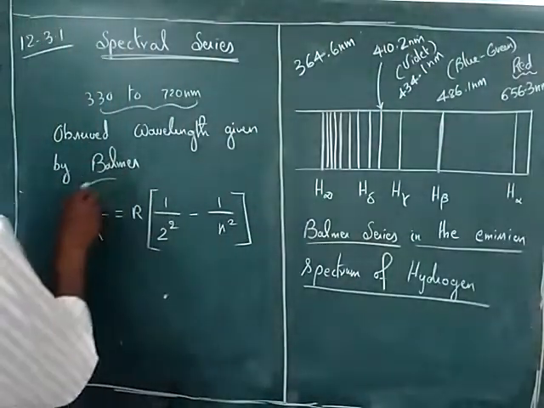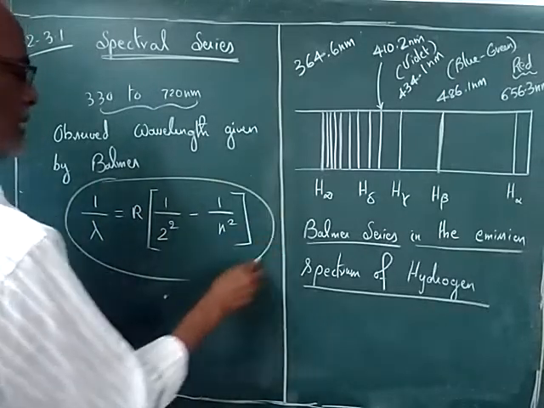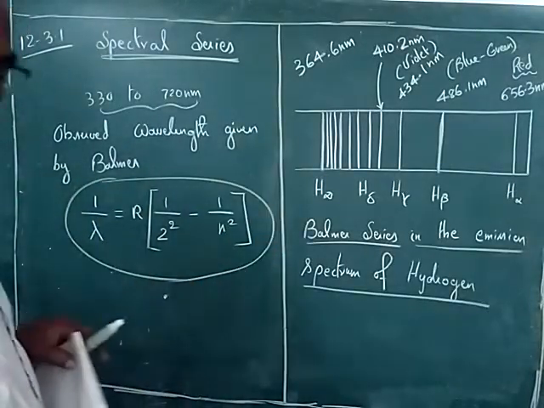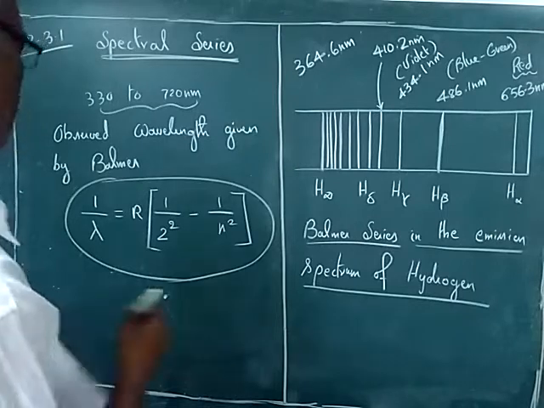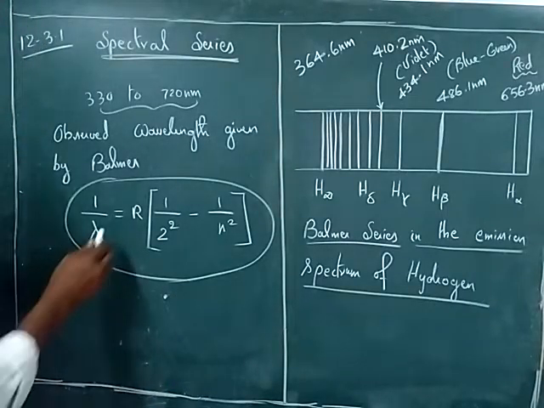So it connects three terms. One is lambda, wavelength, then we have R, and then n. So lambda is the wavelength.